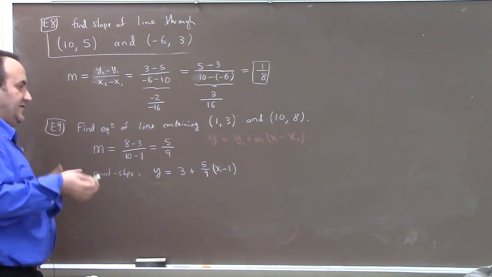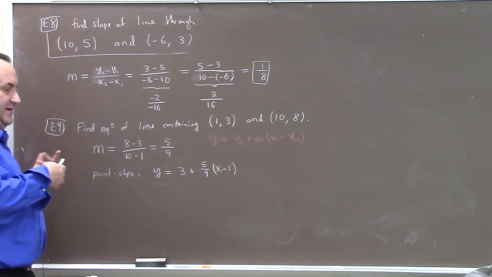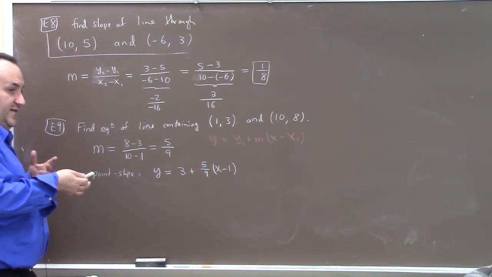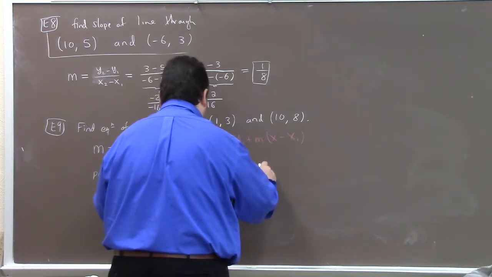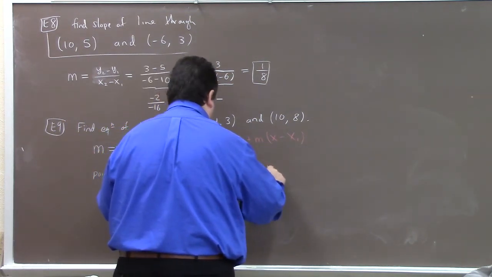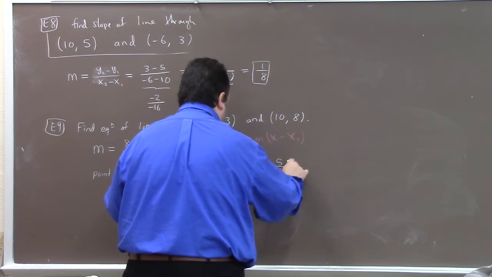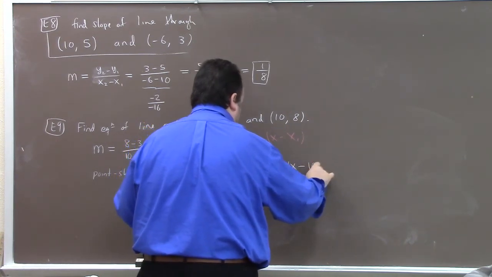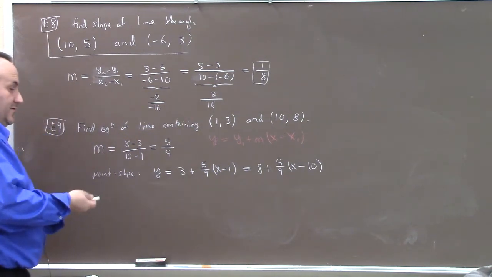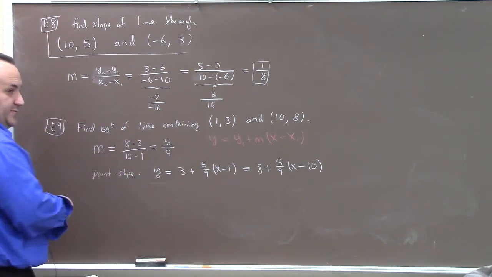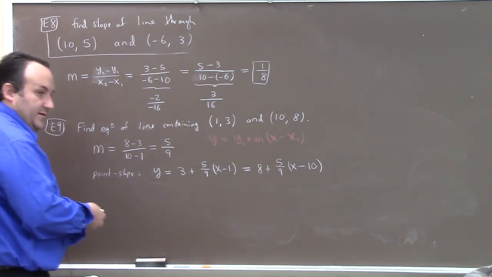If you chose, instead of 1, 3, 10, 8, it would give you the same equation. The other way to do it would have looked like 8 plus 5/9 times x minus 10. It is in fact true that these are equal. You can't go wrong. But I think you're right. The point you chose makes the algebra easier.